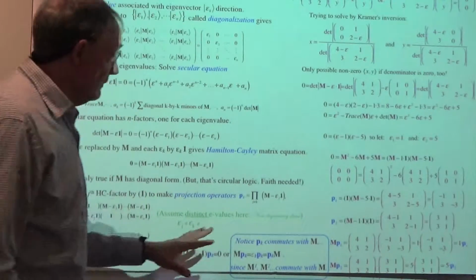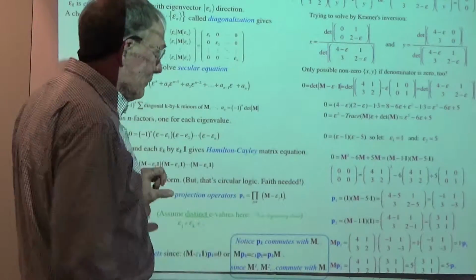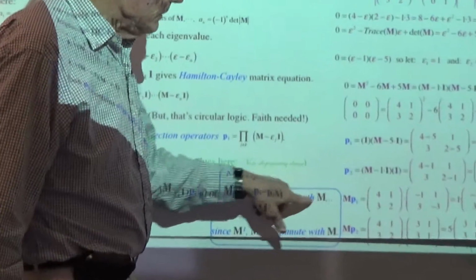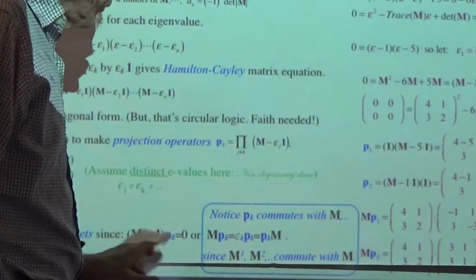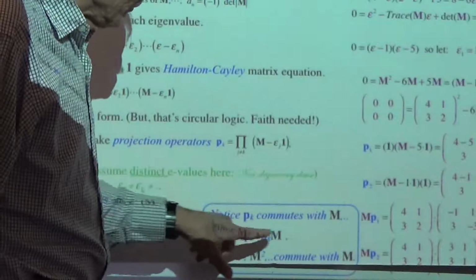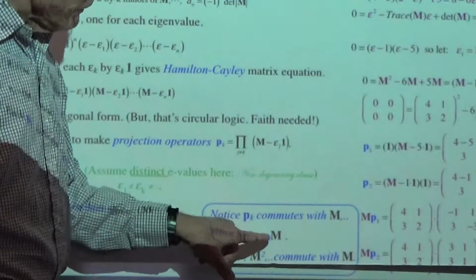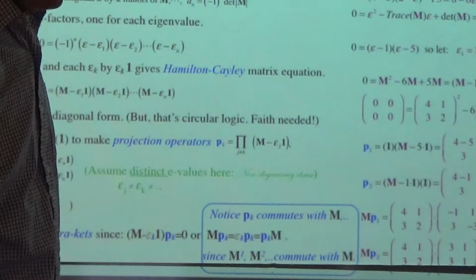Okay, so this is the main message of this first rather dense slide, is first notice that the P's commute with M, give eigenoperators, you might say. These things are all matrices that are being written in bold-face here, but with the eigenvalues that make up that set of numbers that describe eigensolutions for this matrix.